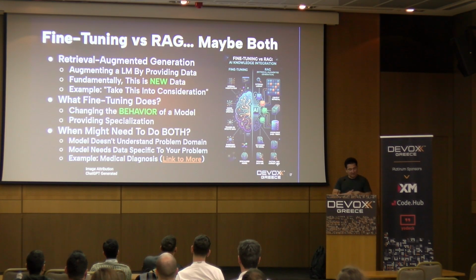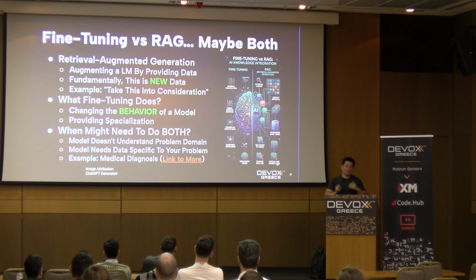I'm going to go ahead and skip this. Actually, I'll talk about it real quick. There are cases where you want to fine-tune models and do RAG. That sounds very weird. A great example is if you're trying to create a medical language model, a small language model.